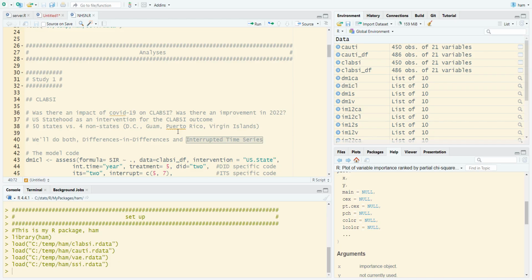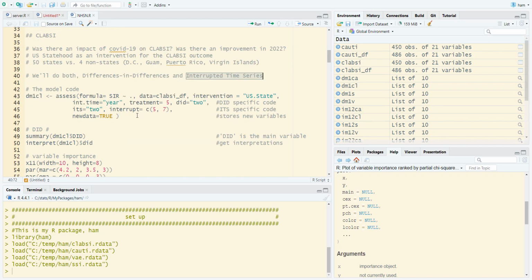So we're going to complete that loop of good research practices by using these causal models that are developed for specific types of research design. And by doing so, we get a cleaner and more accurate set of results with greater precision. So let's now move on to the model code.